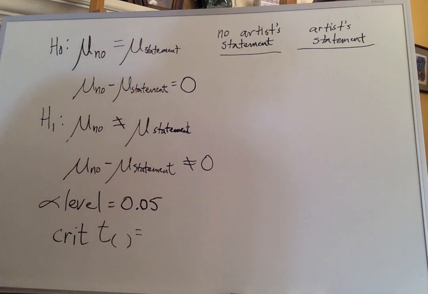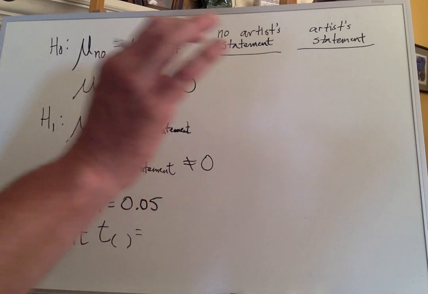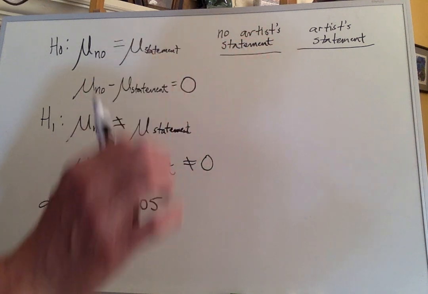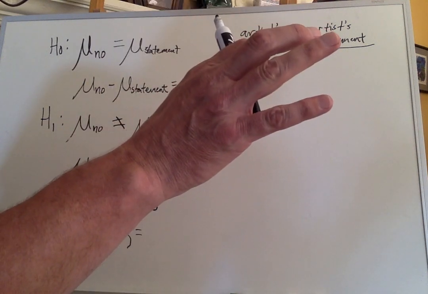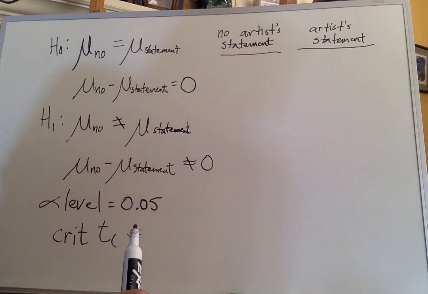But I do know what the critical t-value will look like approximately. If you recall from our other discussions of the t-distribution, it's going to be about 2 point something, right? And that goes back to our ratio, difference over variability. The difference between the two has to be 2 times the variability.